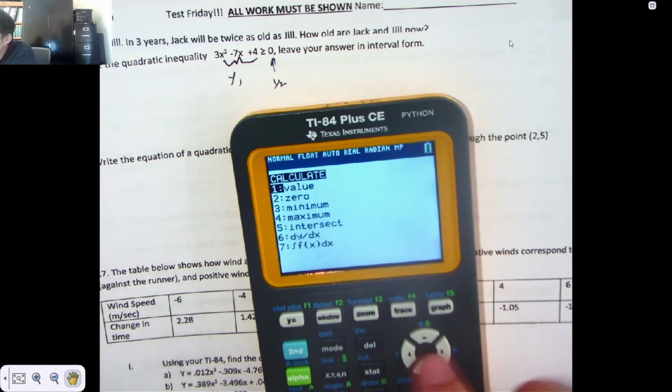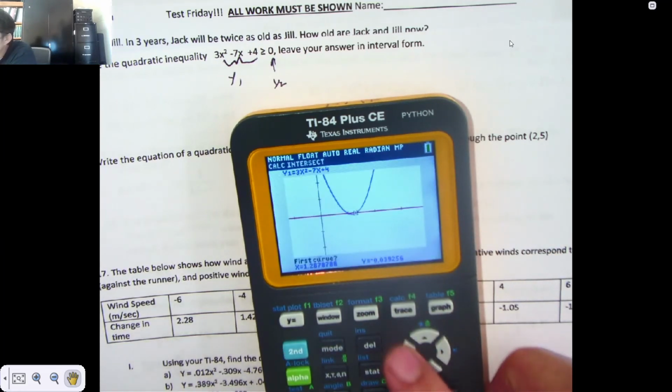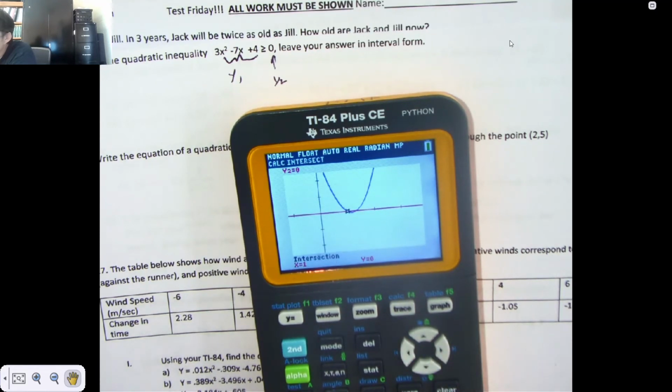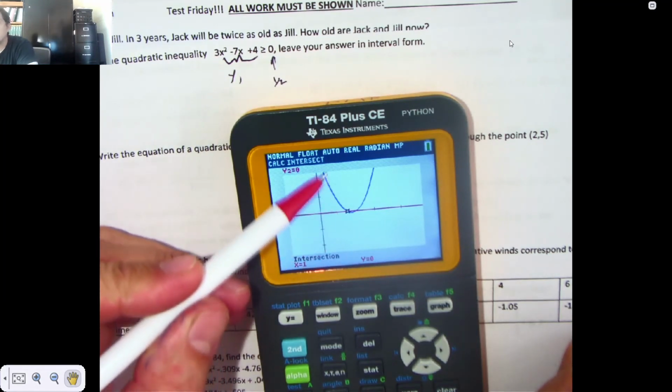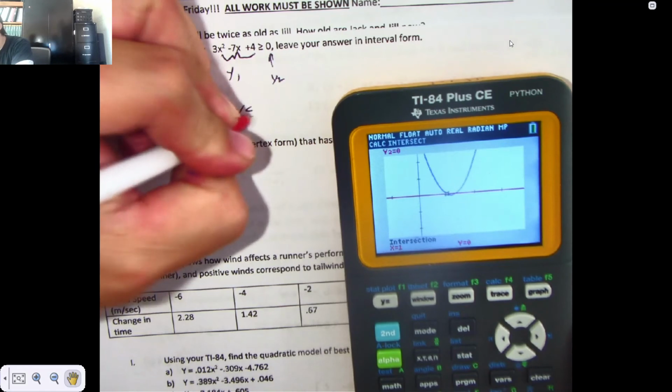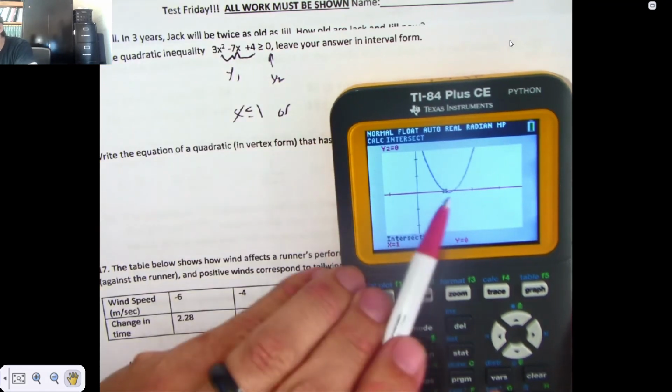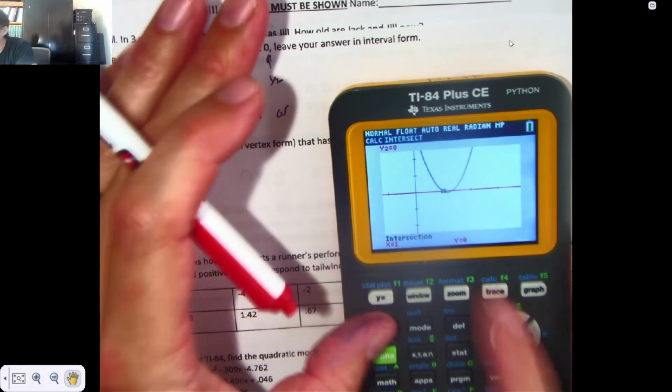What I want is those intersections with the graph and the x-axis. Enter, enter, enter. So it looks to me like so long as x is less than or equal to 1, this graph is above 0. Or there's an answer right here. I might have to convert it to a fraction.